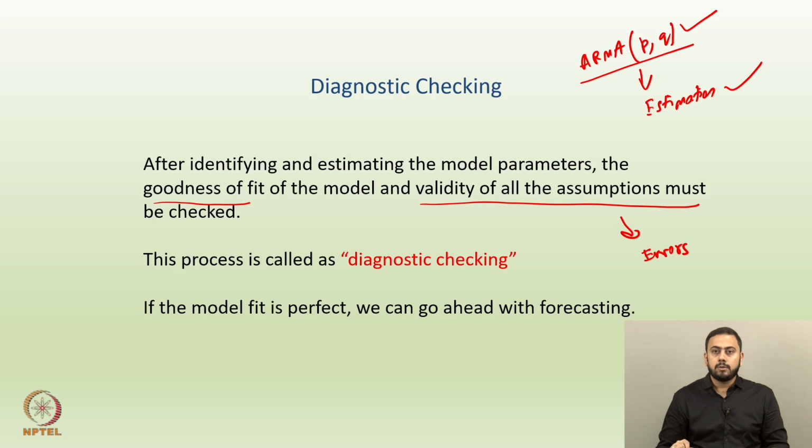If you have estimated the model, then before forecasting you have to ensure that all the assumptions are being met before you move ahead. This in-between step is called diagnostic checking. If the model fit is perfect, essentially you have performed all the diagnostic checks and you are past that level, then one can go ahead and do forecasting.